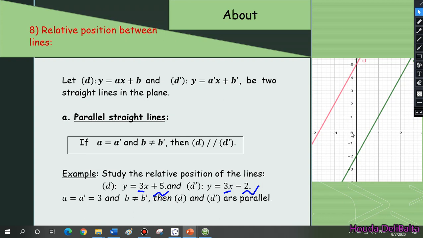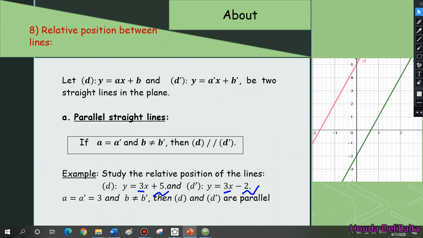We took, for example, minus 1 and we got 2. And for D prime, we took 0, we got minus 2, and so on. When we join the points, we got the straight lines and they appear to be parallel. And that emphasizes our rule that says that lines are parallel if they have equal slopes and different y-intercepts.